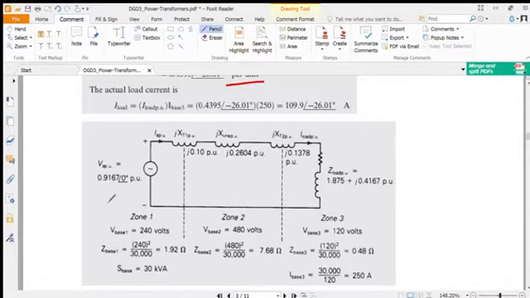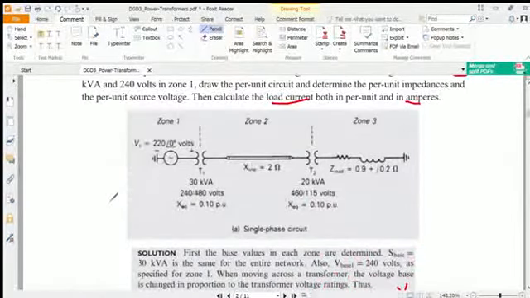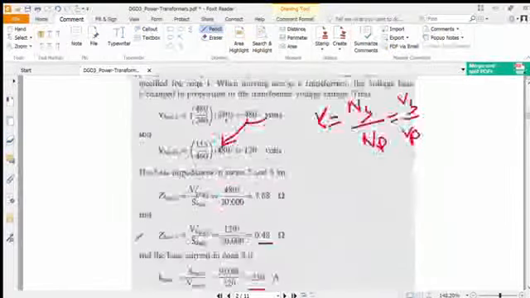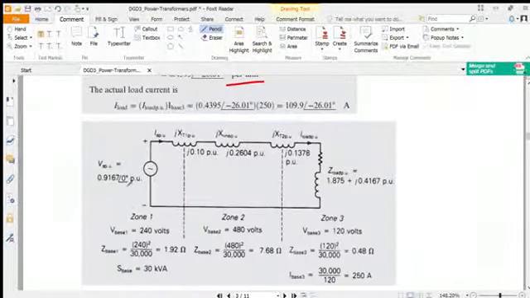In the generator the value is 220, and the reference voltage in zone 1 is 240.